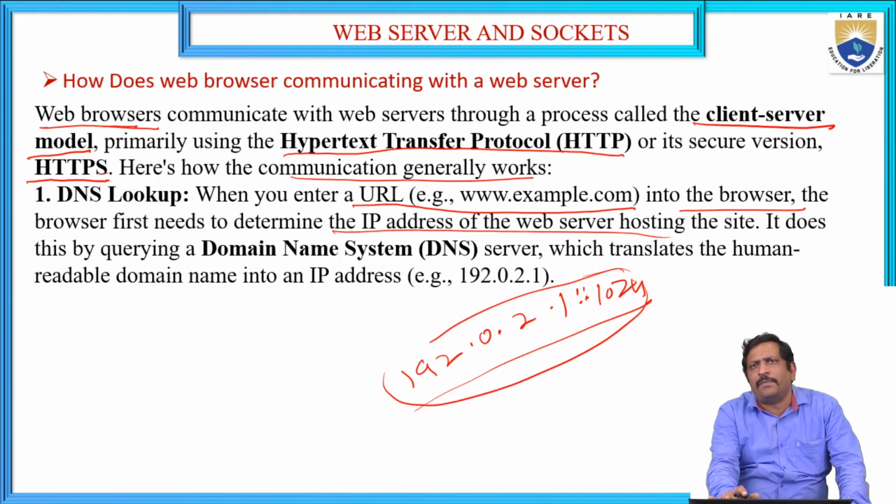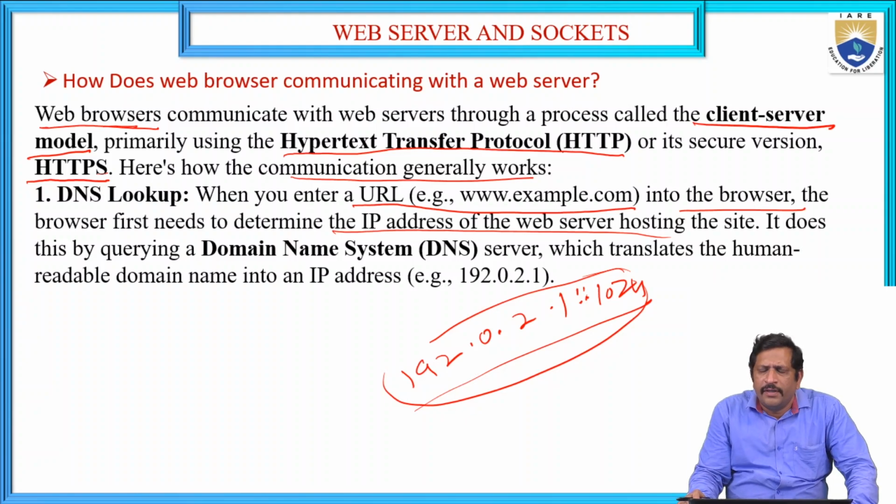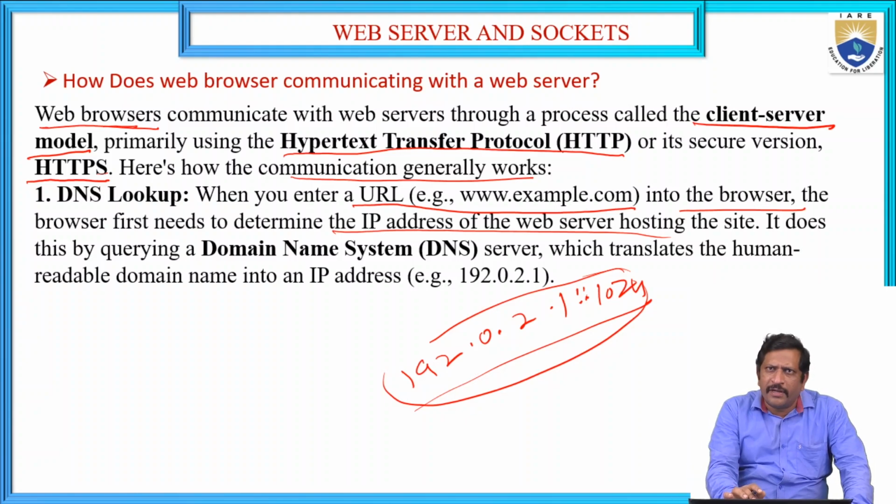Once the server accepts the connection, we can transfer messages from client to server. Once the communication is completed between the client and server, it is terminated with the help of the close function or close method.